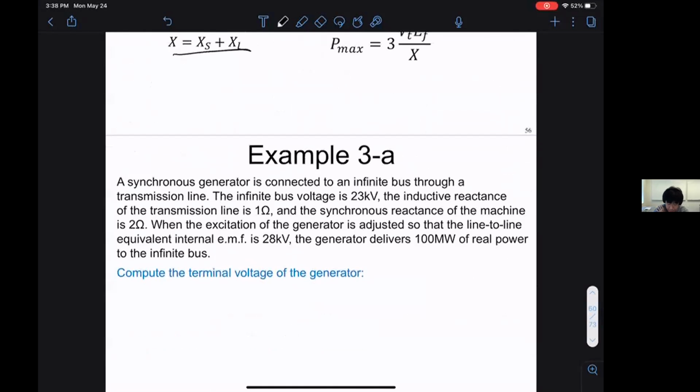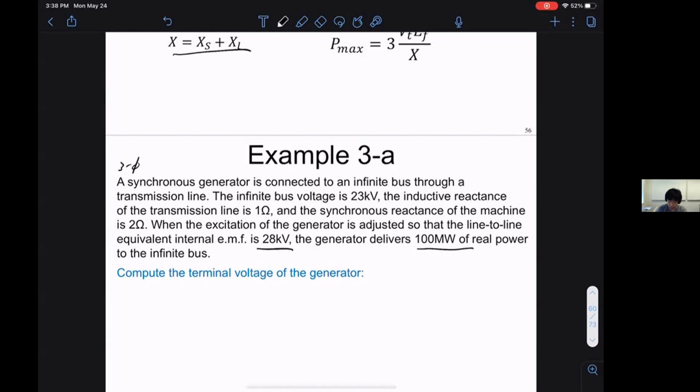So we can do a couple examples to see this. This is the same as before. I have a 3-phase synchronous generator, infinite bus voltage 23 kV, transmission line 1 ohm, synchronous reactance 2 ohms. Here we're going to adjust the EMF to be 28 kV.